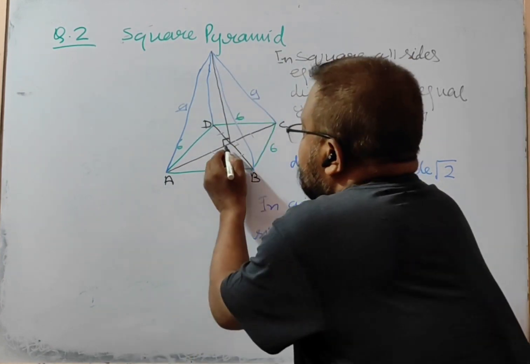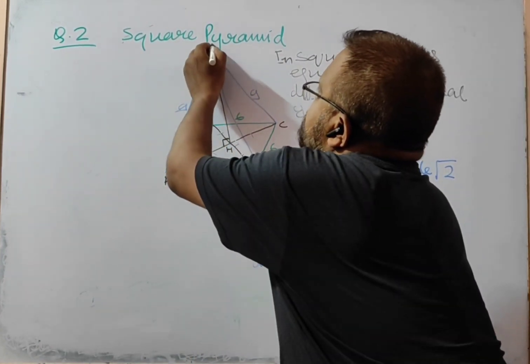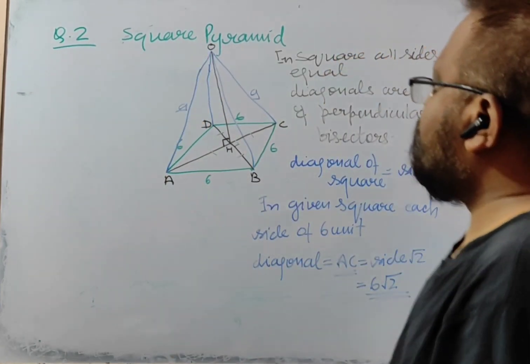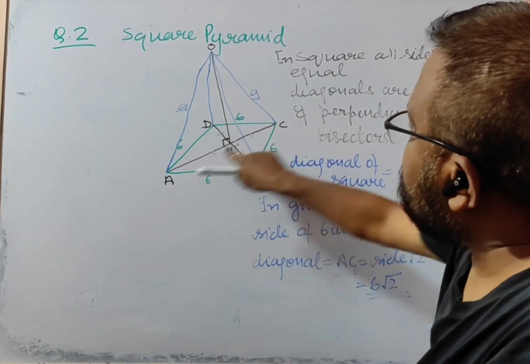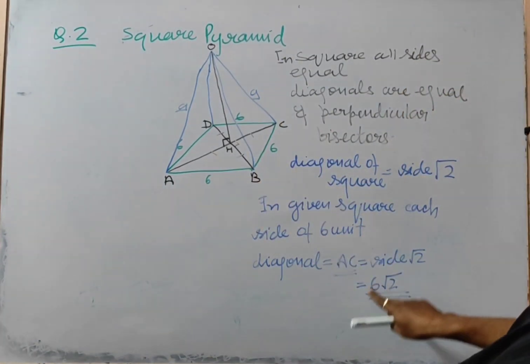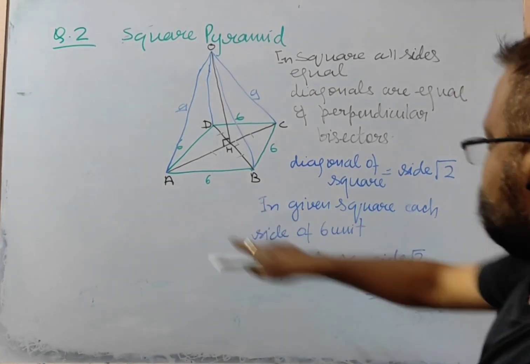This is H, the intersecting point is H, and that is O. Fine. Now it's okay. So AC is the diagonal, which is equal to side root 2, and the side is 6 units, so 6 root 2.